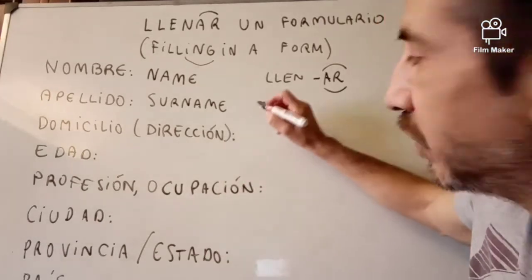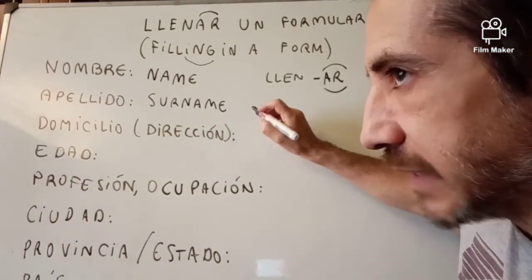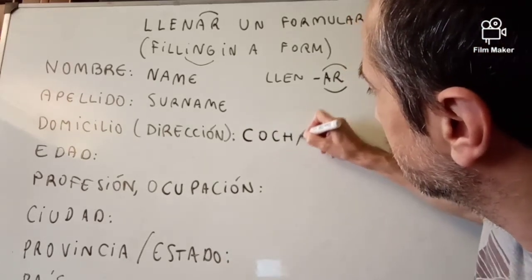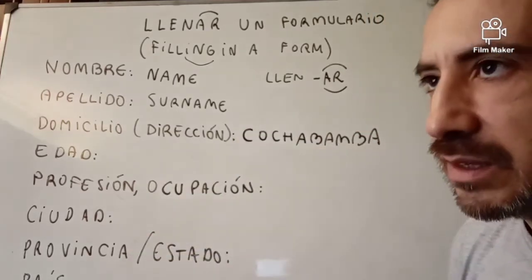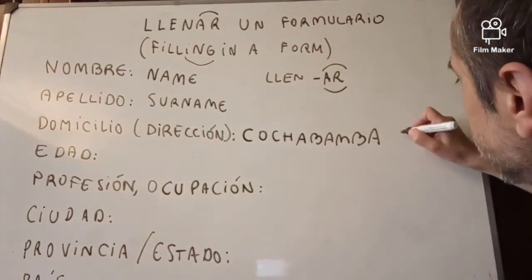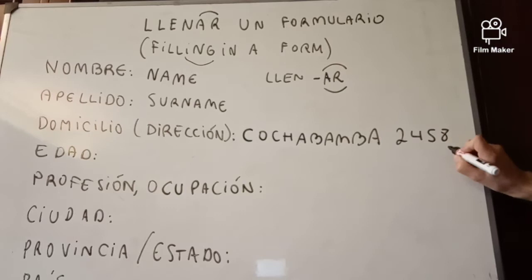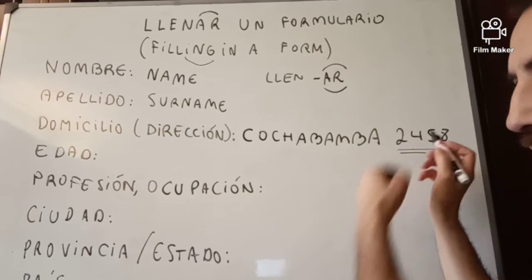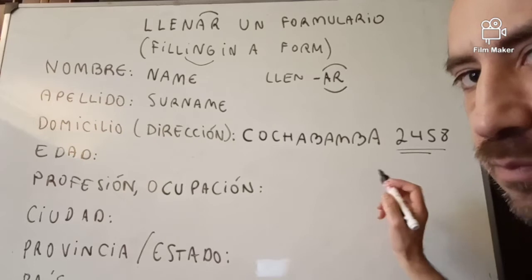We say, for example, let's see a name of a street in Buenos Aires, Cochabamba, 2458. We put the number on the right. First the name of the street and then the number.